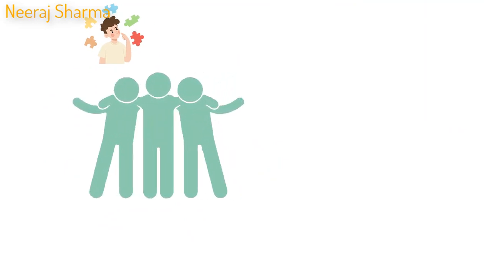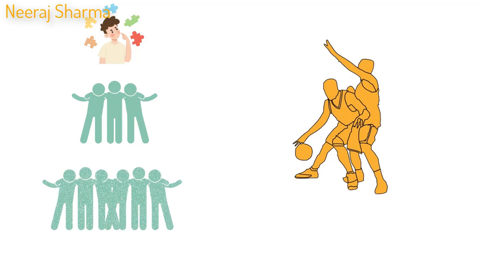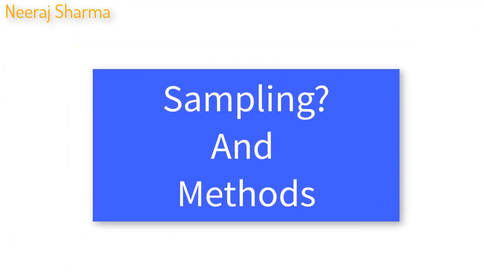You ask your friend who likes basketball to introduce you to their friends who also play. Then, you ask those new friends to introduce you to more basketball players. It's a way to find more people with a common interest by asking the people you already know to connect you to others. I hope the explanation about sampling and its common methods is clear to you.